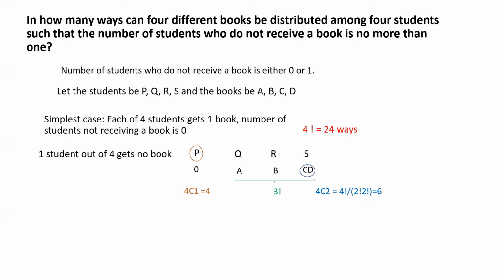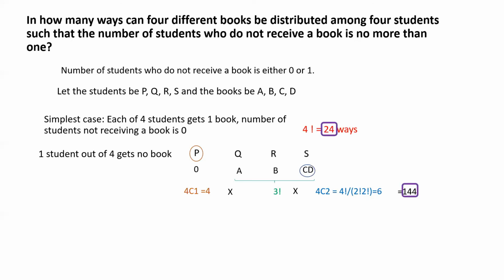So we could choose that person in 4C1, which is equal to 4 ways. The total number of cases in which one student out of 4 gets no book would be, you multiply all of these together, and then you get 144, right?